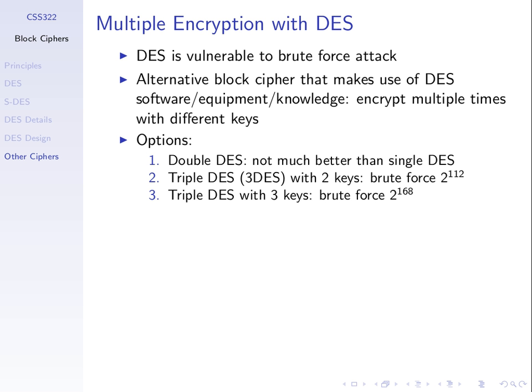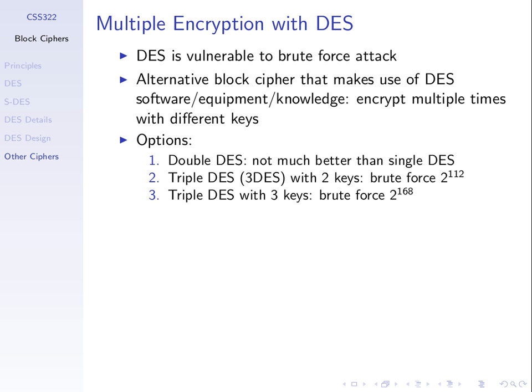You take some plain text, encrypt with DES, normal DES, with some 64-bit key, you get some output, and then encrypt again. But in the second case, use a different key of the same length. And you get the ciphertext out. That's the idea of encrypting multiple times with DES, in this case 2 times, or double encryption.